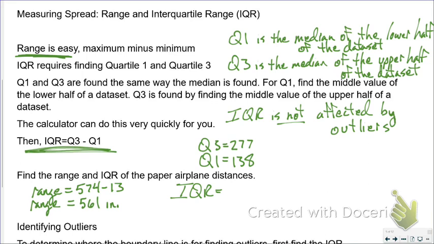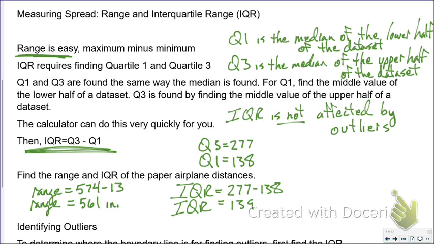So type those into your calculator, and you should get Q3 is 277, Q1 is 138, which means we go 277 minus 138, and we get 139.